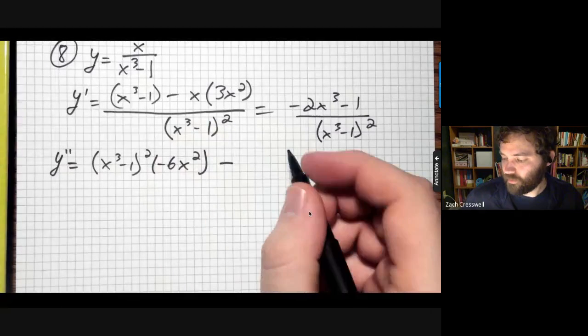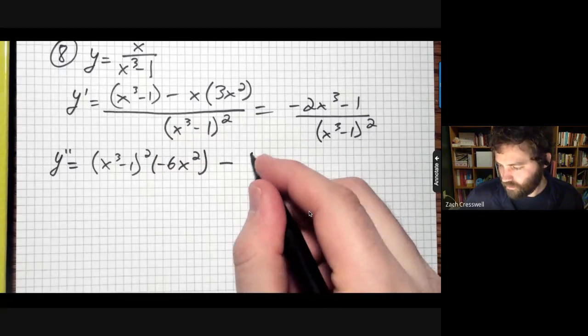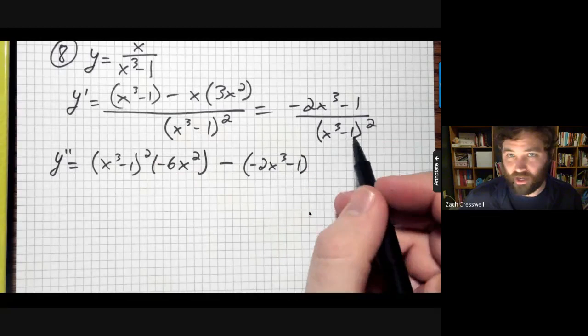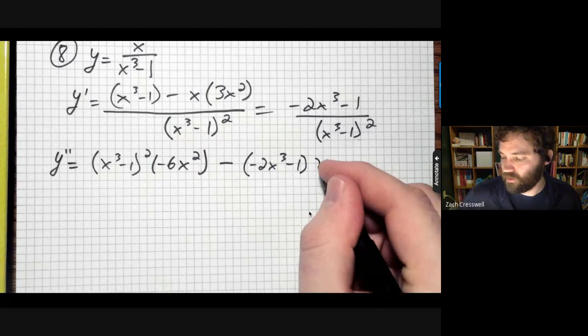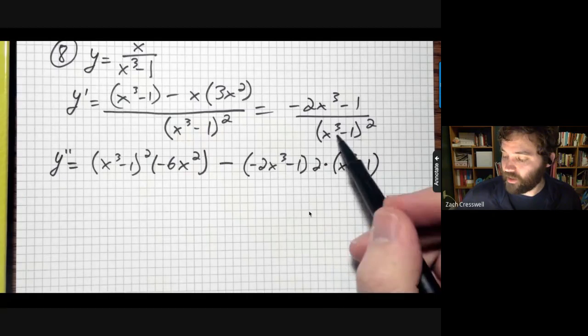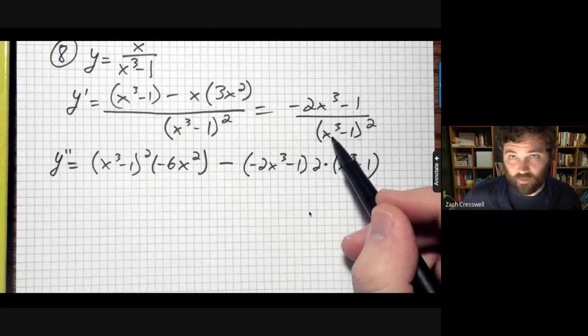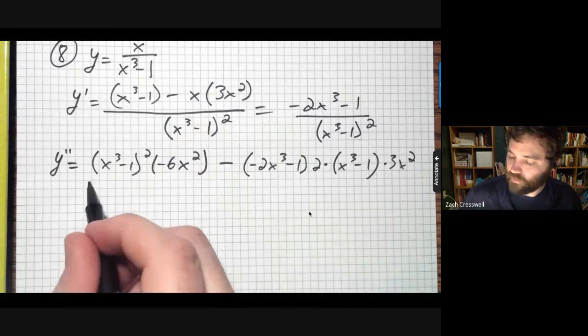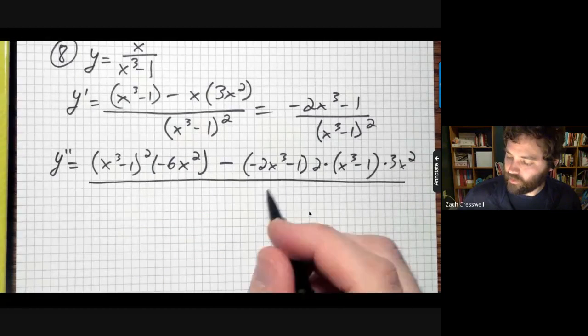Minus the top times the derivative of the bottom. When we derive the bottom, we're going to get 2 times x cubed minus 1 times the derivative of the inside, which is x cubed, so times 3x squared, all divided by the bottom squared.